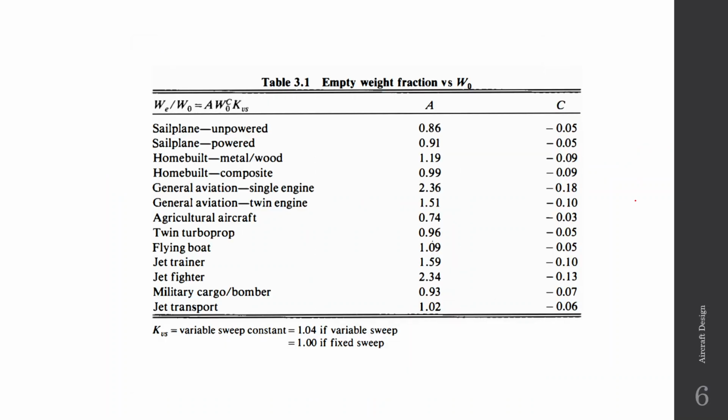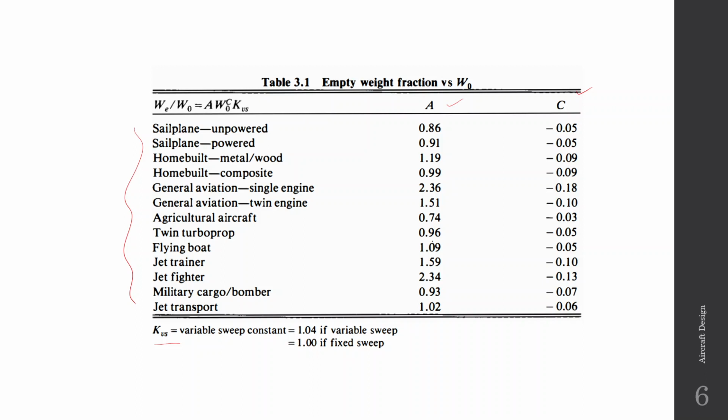Okay, so for various different kinds of aircraft, these are the values of A and C, and kVs is a variable sweep constant, which is close to 1. Generally, kVs is close to 1.